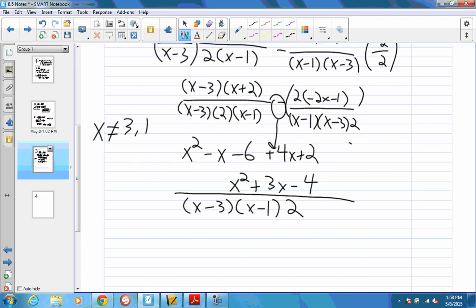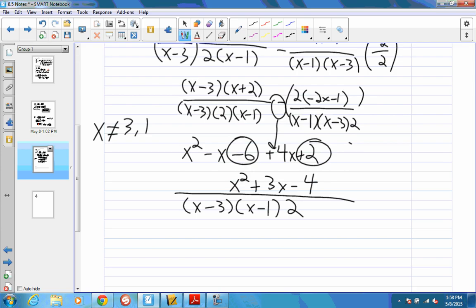The negative 4 came from a negative 6 and a positive 2. You see that? Negative 6, positive 2. Yeah. For mine, I got the numerator x squared minus 5x minus 8.